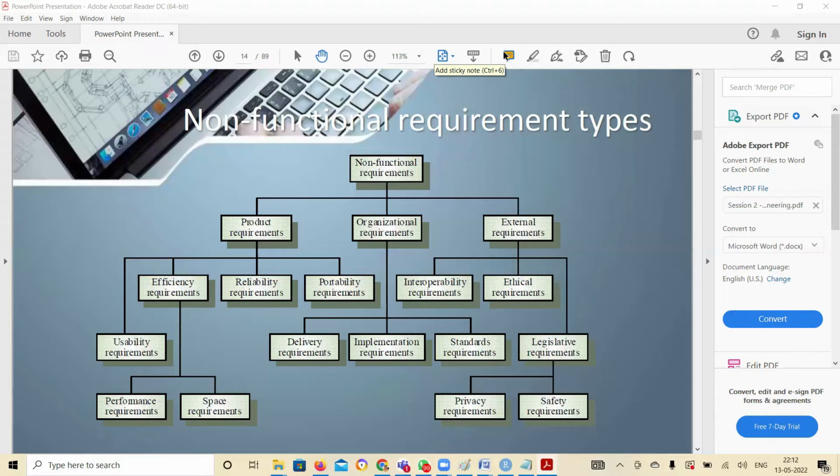Okay. Now something which is not in your scope, something you do not have control over: external requirements. Interoperability requirement. Interoperability means that it should be able to work on different systems. You have your system, and your system should talk to some other system.